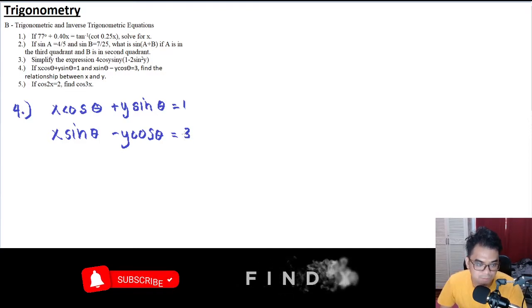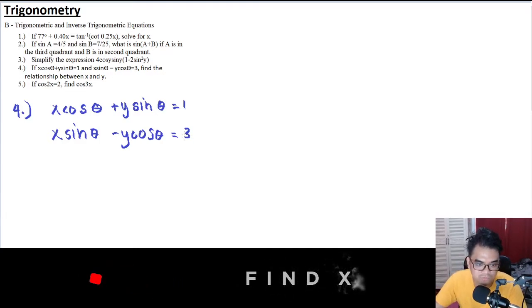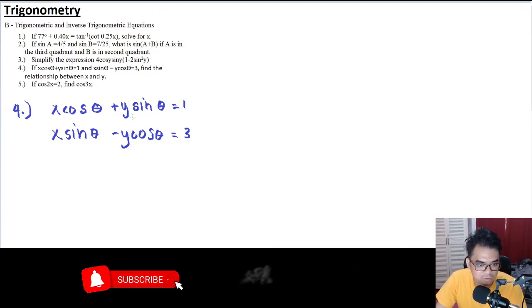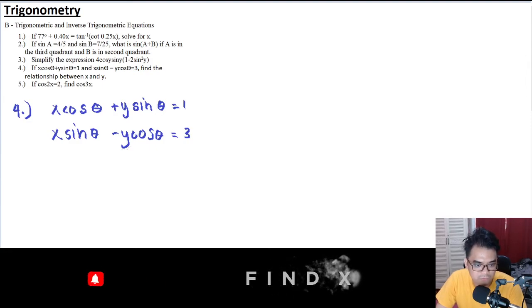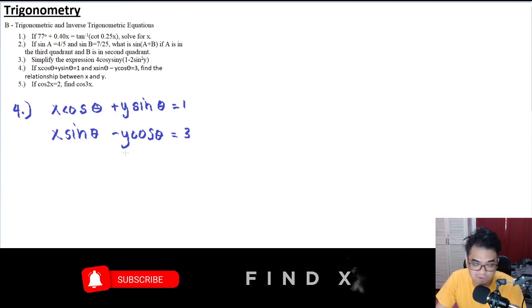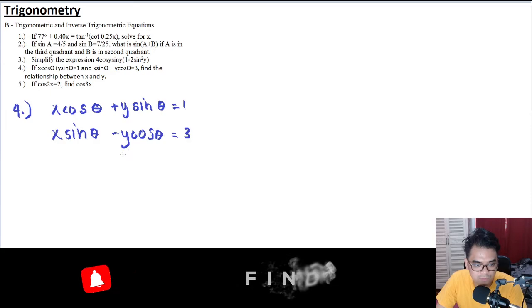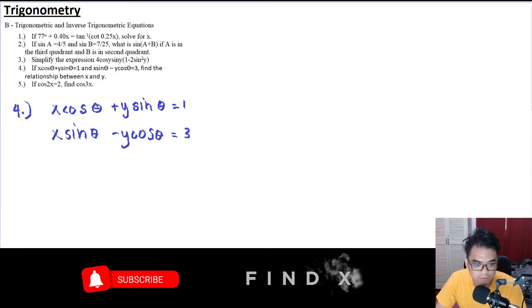Find the relationship between x and y. So I think the main goal for this one is that the only things left in the equation must be x and y. So we have to eliminate all the trigonometric functions. How do we do that? We have to manipulate these two equations somehow so that we can eliminate the trigo functions.